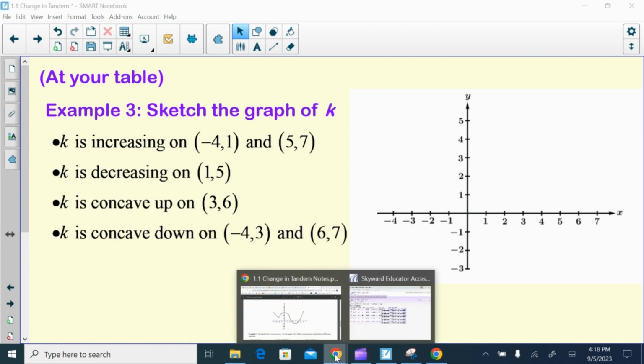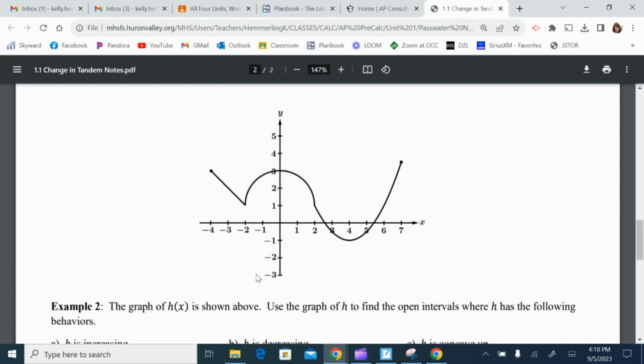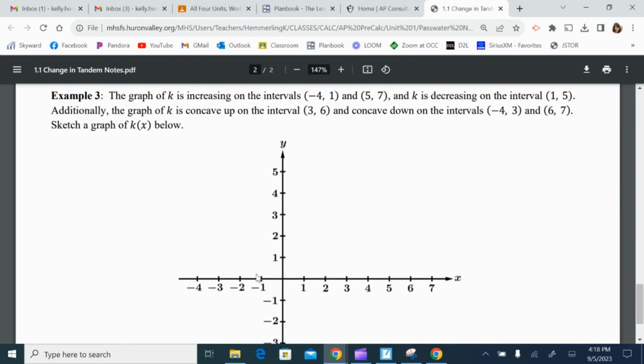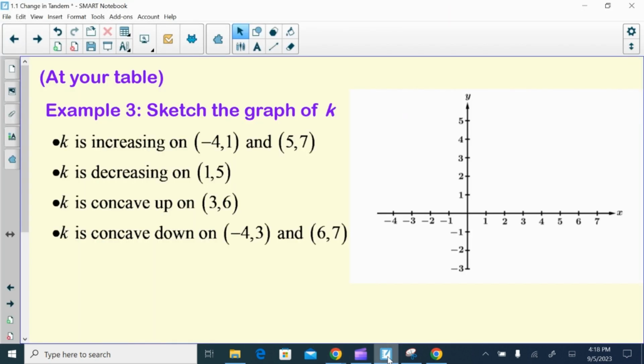And again, this is exactly the same example, except I just kind of snipped some things and retyped some things. So the same example as example 3 in Brian Passwater's notes. So then, we'll have some discussion about that, and then we'll end up with their guided practice and maybe an exit ticket.